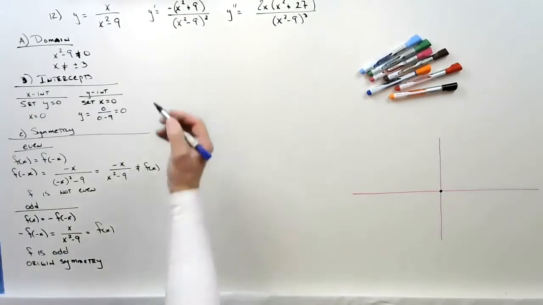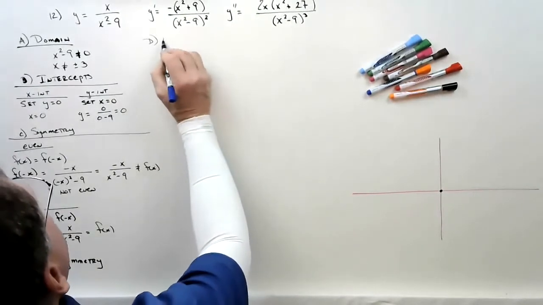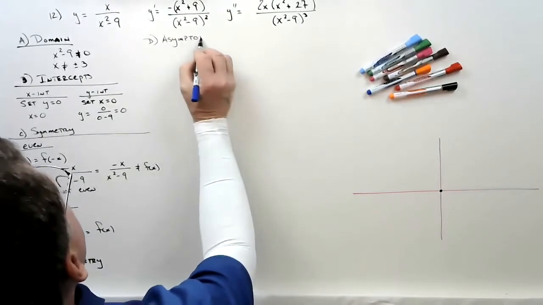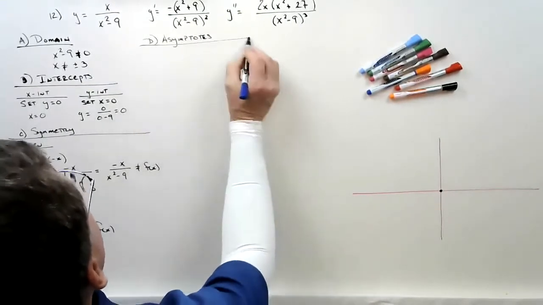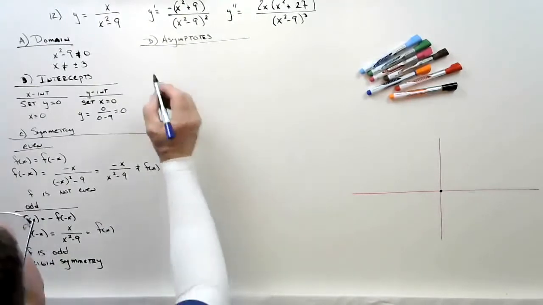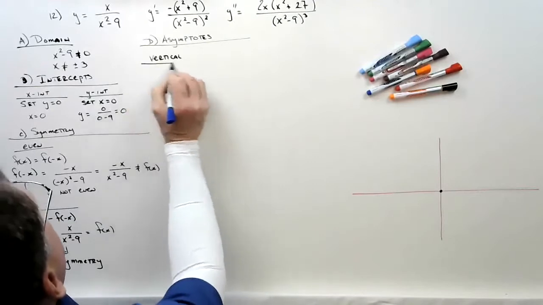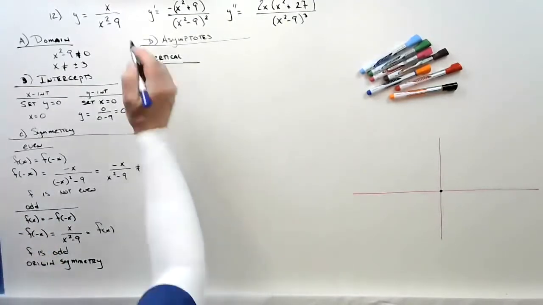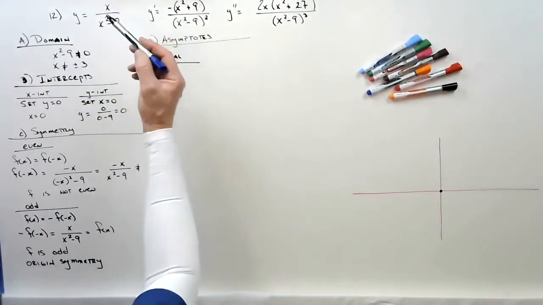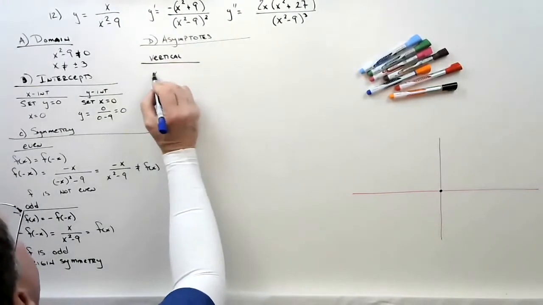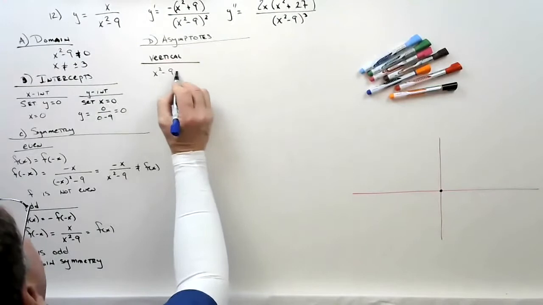Now part D is asymptotes. We'll start with the vertical asymptotes. To find vertical asymptotes, we look at our function. We use the simplified version. That's what we were taught in pre-calc. This is already simplified. So we set our denominator equal to 0.